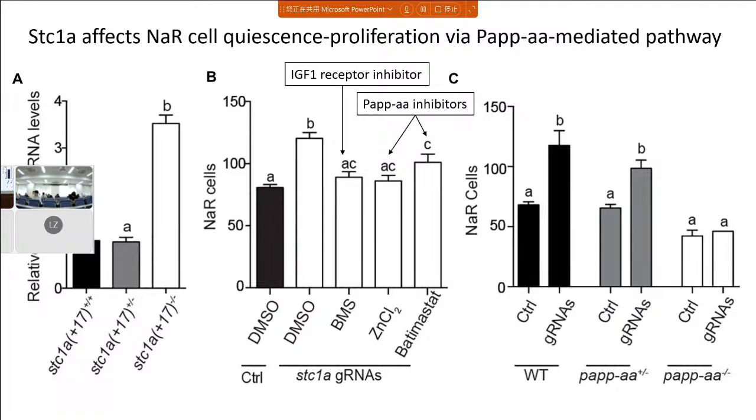And as for figure 3, we can see that since the NR cell quiescence proliferation is mediated by PAPPAA, the knockdown of PAPPAA doesn't allow the NR cells to increase.